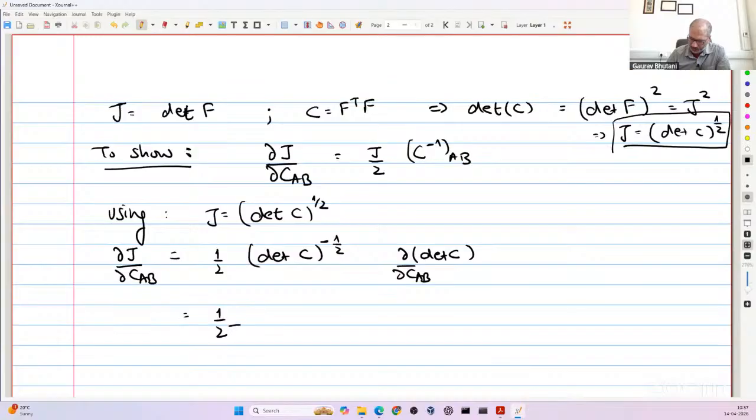So that's basically 1 by J, times partial by partial CAB of the determinant of C. That's your partial J by partial CAB. We still haven't been able to express in terms of C inverse, but we'll call this A and we'll come back to this.